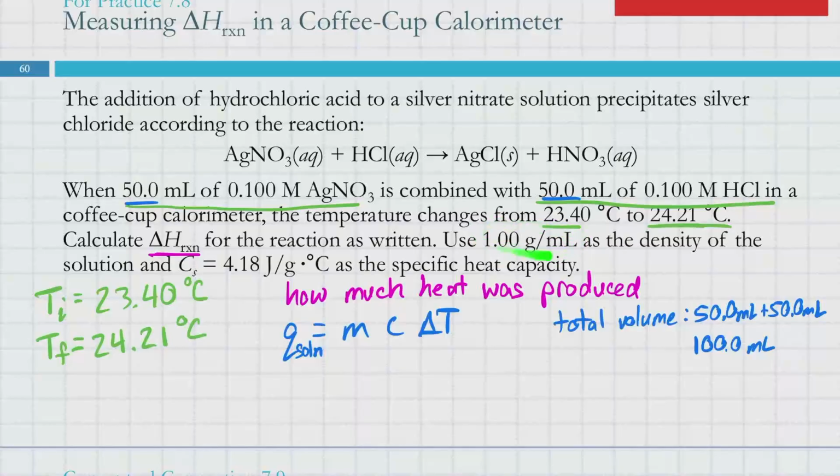And we were provided a density value for our solution. So our density value can help us get to our mass of solution. Our density value is 1 gram per milliliter. So for every 1 milliliter, we have 1 gram of solution. So multiplying by 1 gram per milliliter, we get out 100 grams of solution.